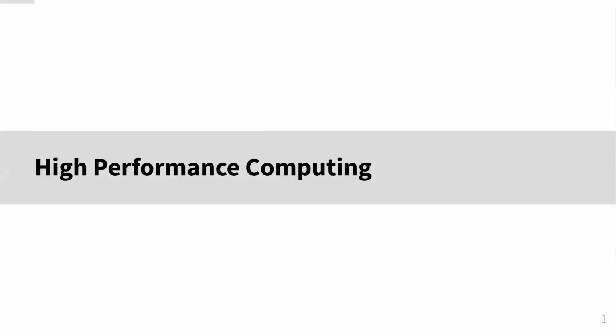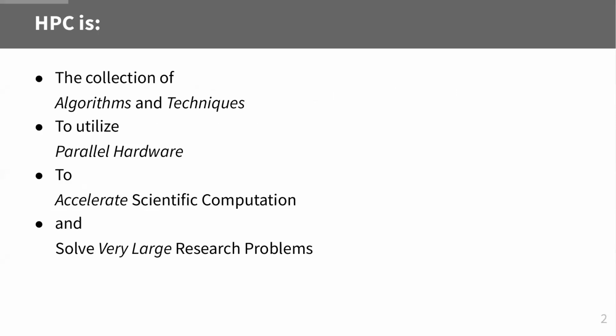So let's just quickly start with a brief definition of what high performance computing is. It's a collection of algorithms and techniques that utilize parallel hardware to accelerate scientific computation and solve very large research problems. I've highlighted the important phrases and terms there, which is the parallel hardware.